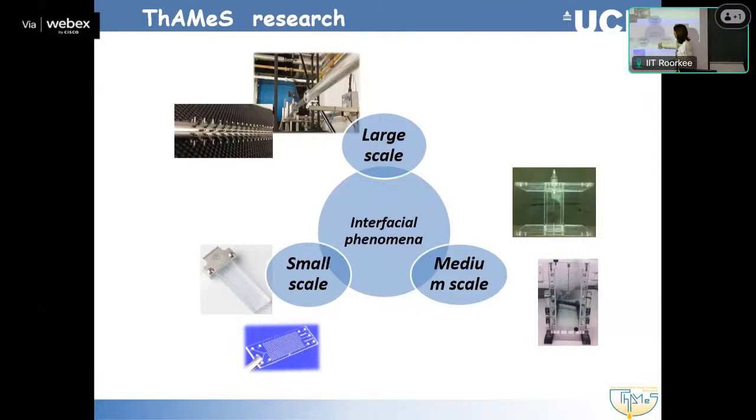The connection between all these scales is the interfacial phenomena. We are studying mainly liquid-liquid flows, where the effect of the interfacial phenomena is very important. Small scales help us understand interactions, but can also be applied to large-scale flows.